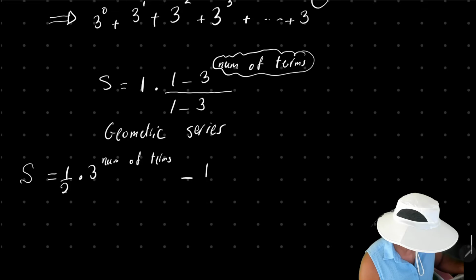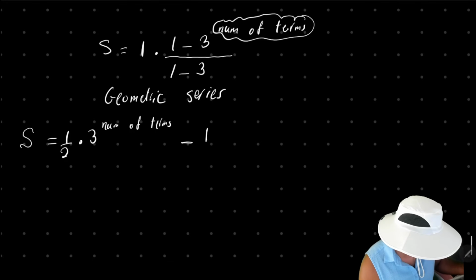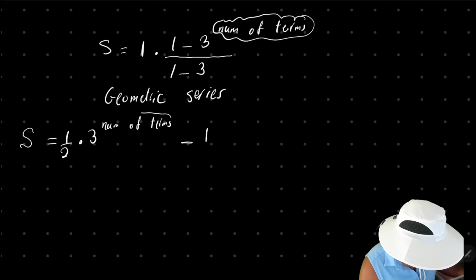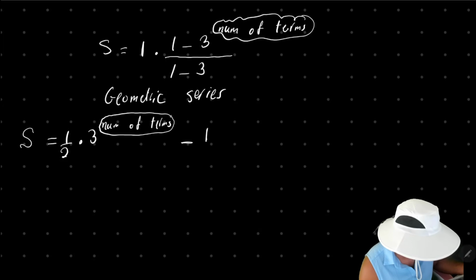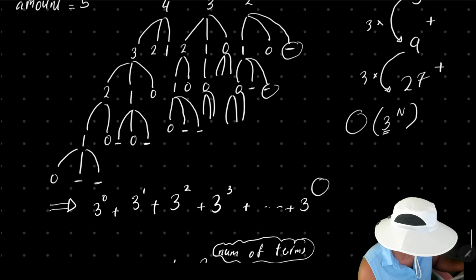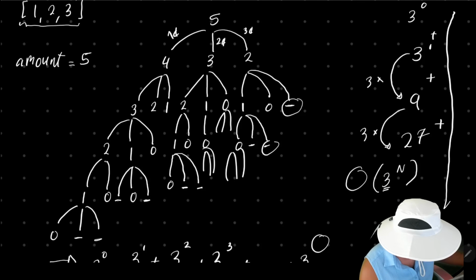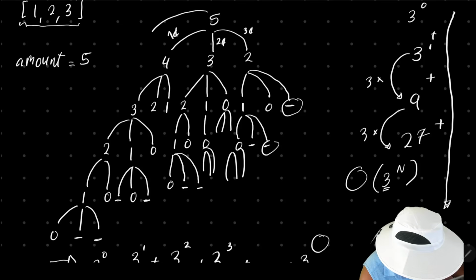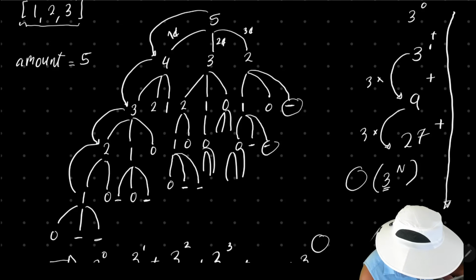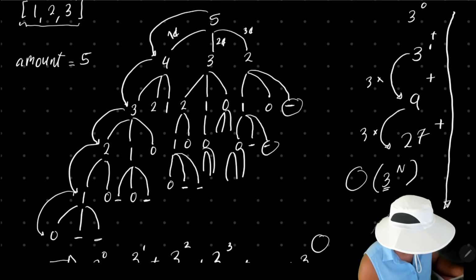Okay, which means if you look at the number of terms, that's directly proportional to the value or the amount that we're trying to get to. So the number of terms I'm adding over here, how many terms are these? Well, it depends. I'm going from 5 to 4 to 3 to 2 to 1 to 0, for example.